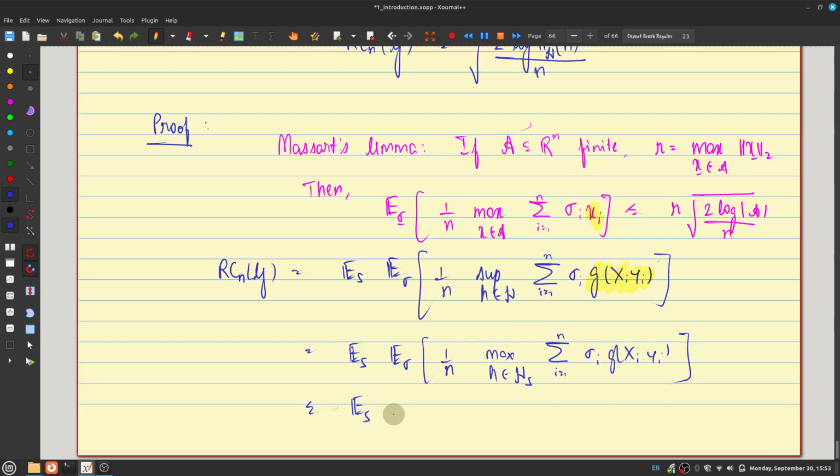So this is the expectation over S of square root of n times square root 2 times, what is A? A is basically H_S, right? And what is the maximum value that H_S can take over all possible S? The growth function, right? So by definition, this is equal to the growth function because I'm fixing the number of samples.